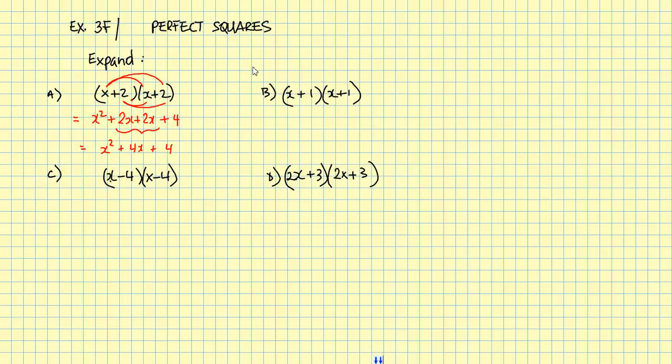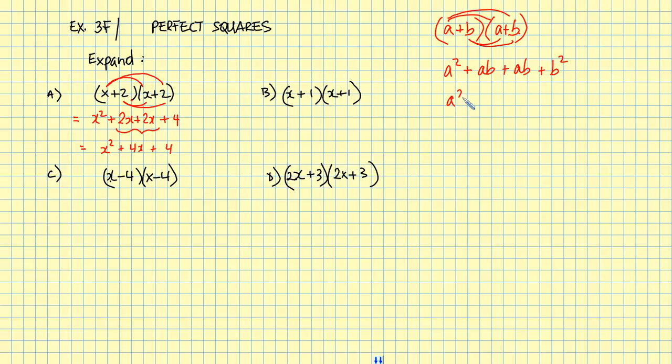Alright, so let's use the example of A plus B times A plus B to see what our pattern is here. Because I already know what my pattern is, but we're going to go through it. So when I use FOIL here, I end up getting A squared plus AB plus another AB plus B squared.